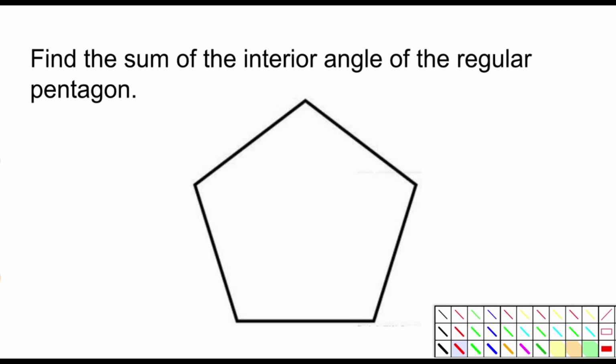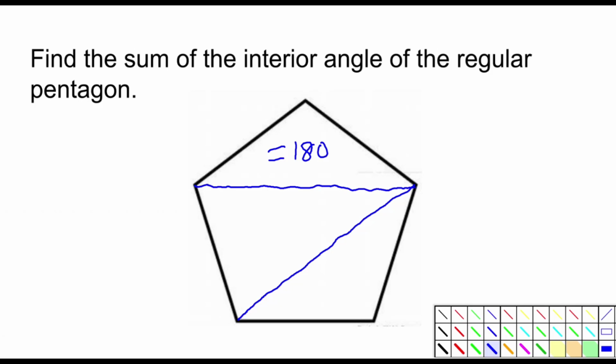Next problem, so find the sum of the interior angles of the regular pentagon. So by now, students have some ideas of how they can do this, and they start seeing really quickly that we can decompose these into just triangles. So in this problem, I'm going to see that this is 180 degrees, and this is equal to 180 degrees, and another 180 degrees.